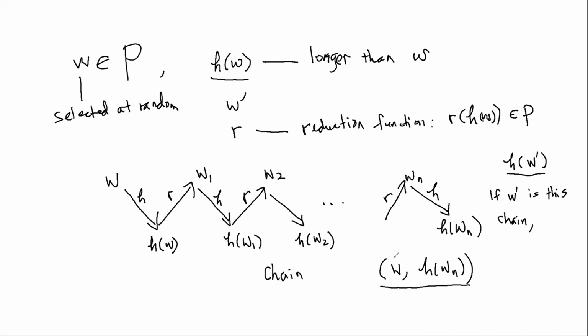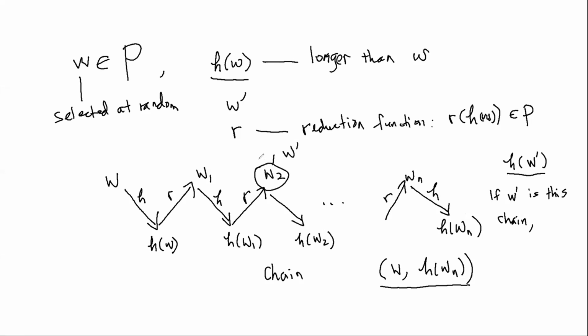I start from W, apply H, reduce, and so on, until somewhere, let's say this W2 is W prime. Then I know this H of W2 is H of W prime. So W2 is the plaintext I found. Then I found this password.